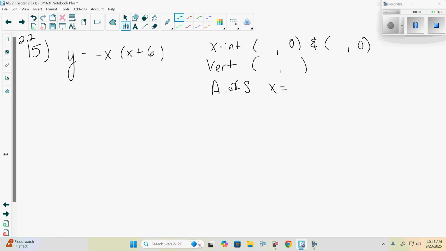Now the y-intercepts of the axis of symmetry are going to be 0, 0. So our three values that we were looking at were P, Q, and A.